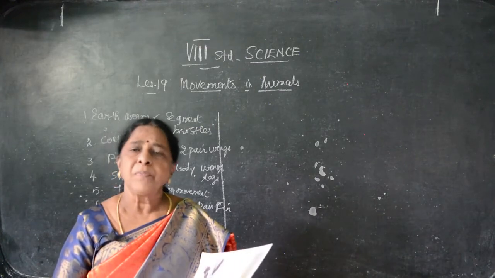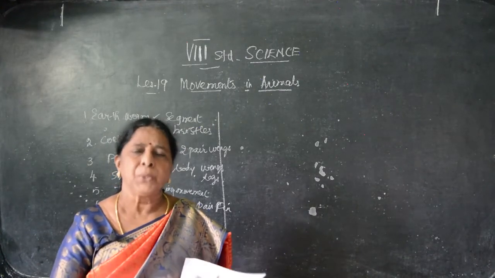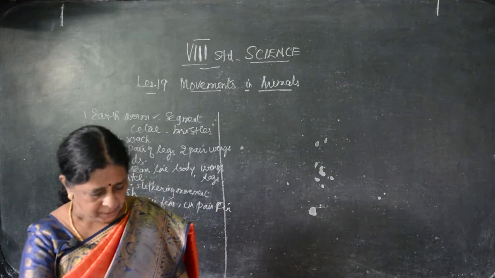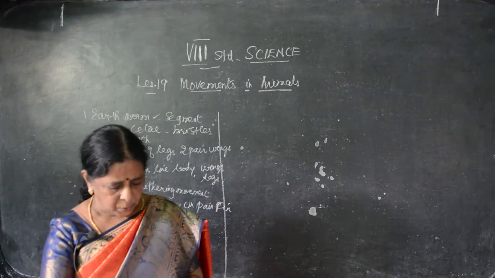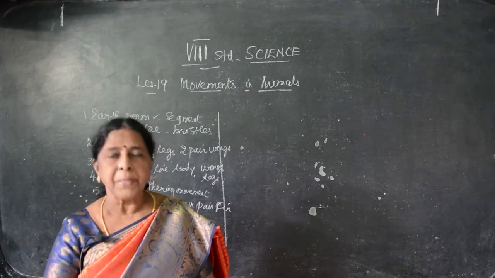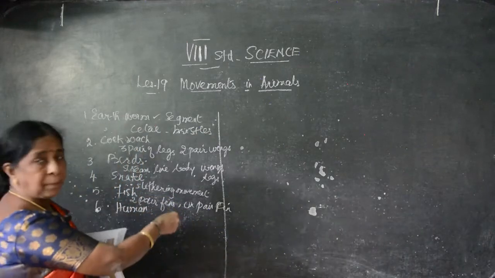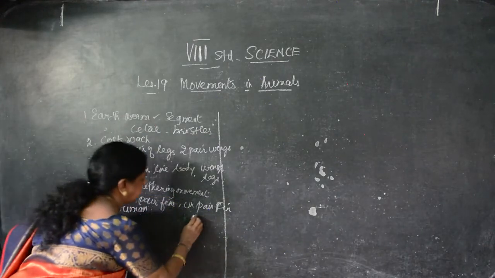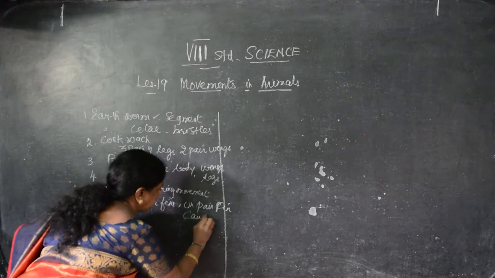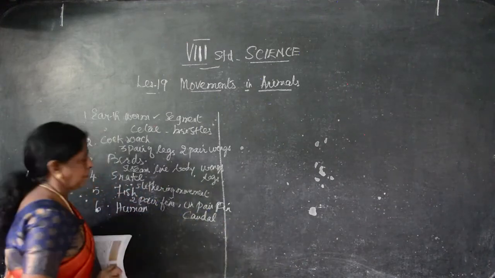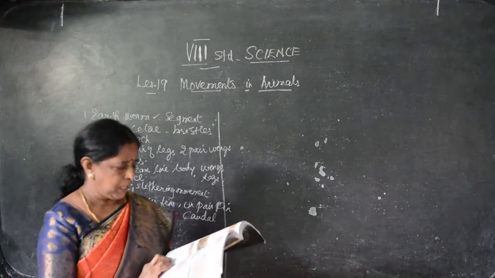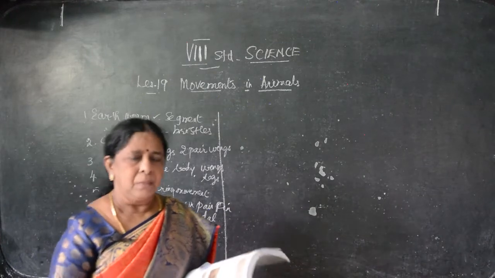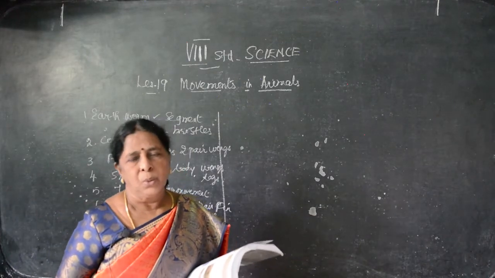Why does the fish have a streamlined body? To reduce the friction. It uses the caudal tail fin to help in changing direction. That is the unpaired fin. I said, no, the unpaired fin is known as caudal. And human, you know, we are using our legs to walk.